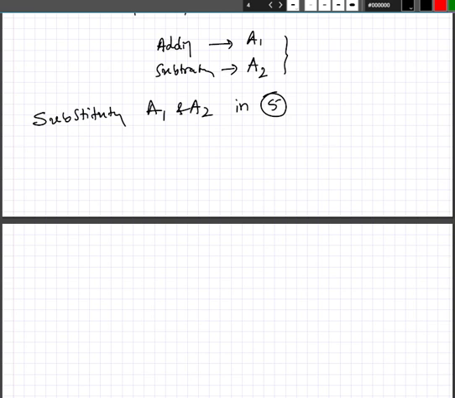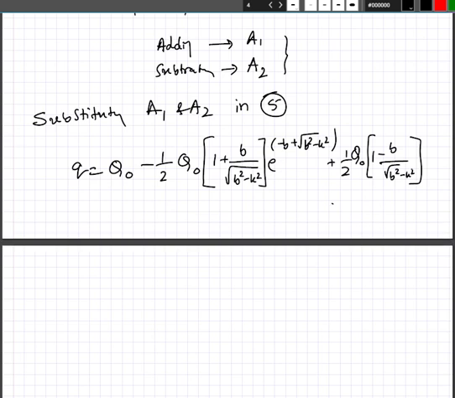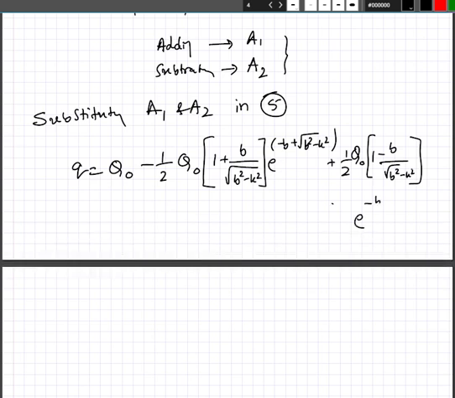So what we get substituting that is Q is equal to Q naught minus half Q naught into 1 plus B by square root of B square minus K square into e to the power minus B plus square root of B square minus K square, plus half Q naught into 1 minus B by square root of B square minus K square into e to the power minus B minus square root of B square minus K square.